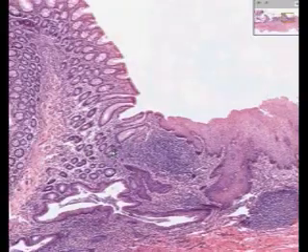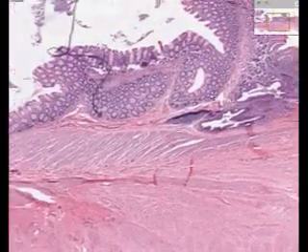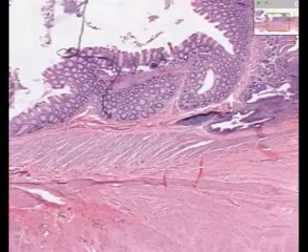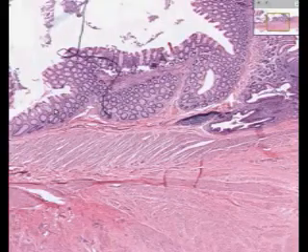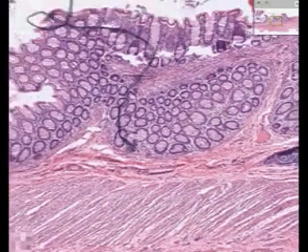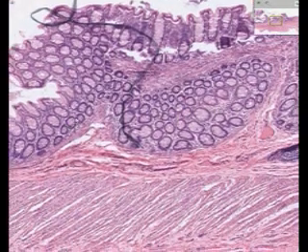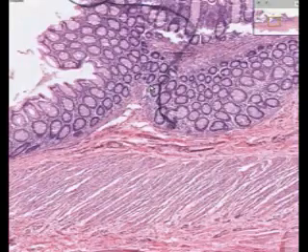The GI tract, which we'll be getting into now, has generally, with just a few exceptions, 4 classical layers. There's a mucosa composed of epithelium and a loose connective tissue supporting this epithelium called lamina propria. The epithelium are these single columnar cells in this case, and the lamina propria are these loose connective tissue cells and inflammatory cells surrounding it.